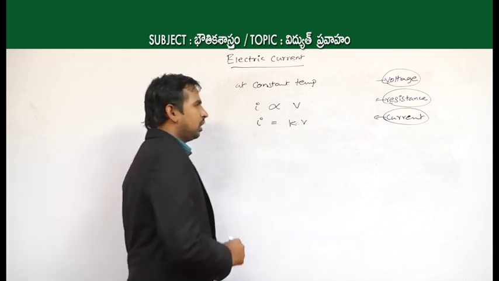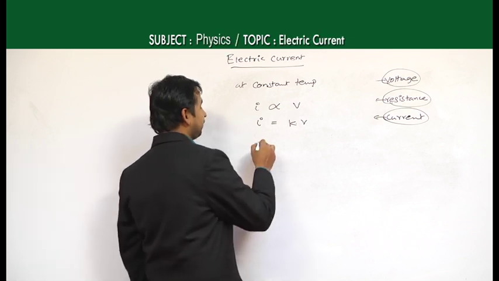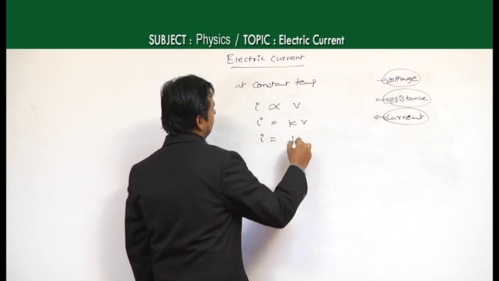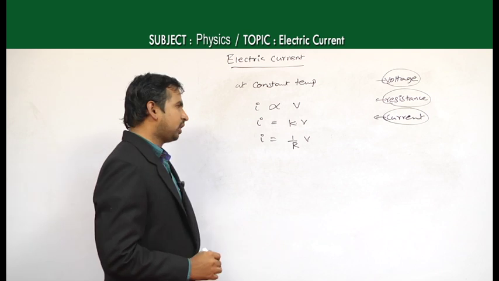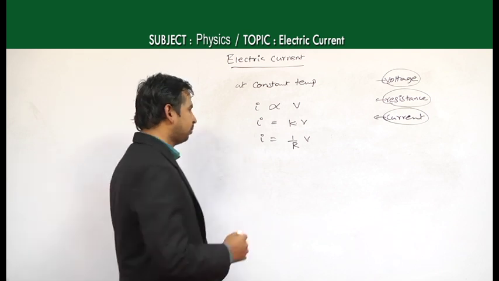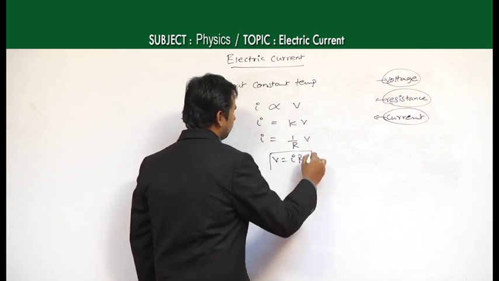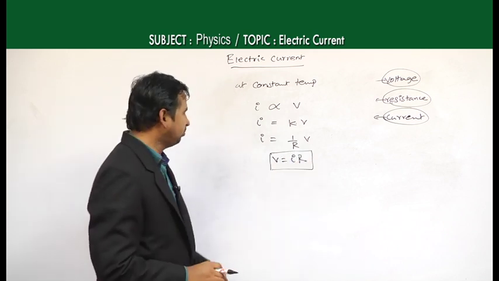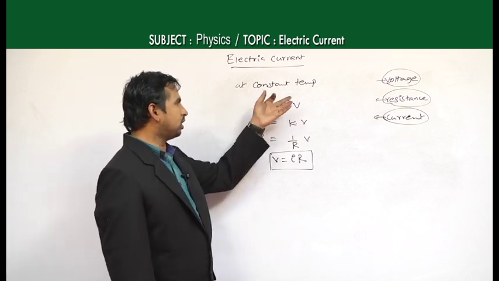That constant we call conductivity, which is the reciprocal of resistance, K equal to 1 by R. From this we can write V is equal to IR. So this is Ohm's law.